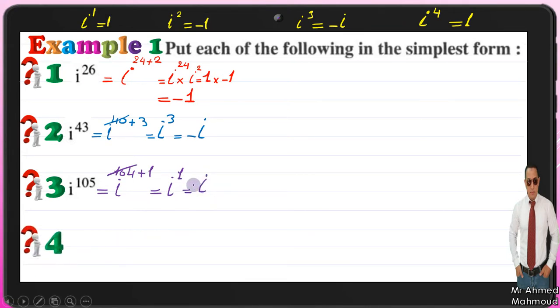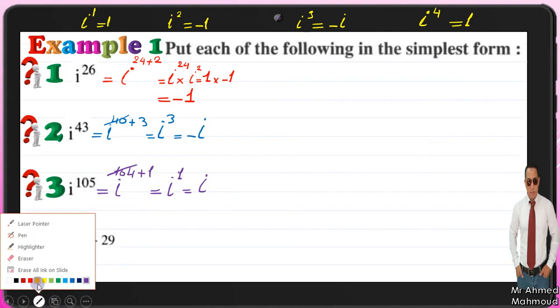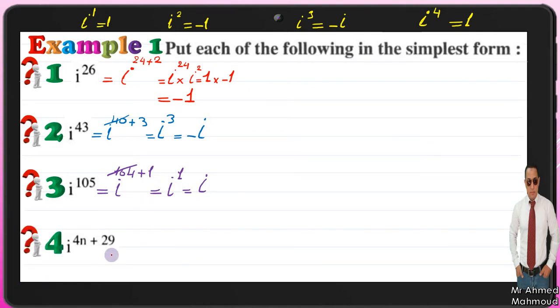The next one, i to the power 4n plus 29. Here 4n, any number times 4, is a multiple of 4, and this equals 1. So I will cross out 4n.